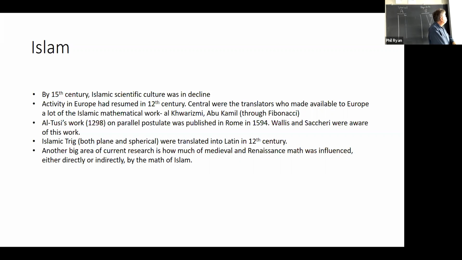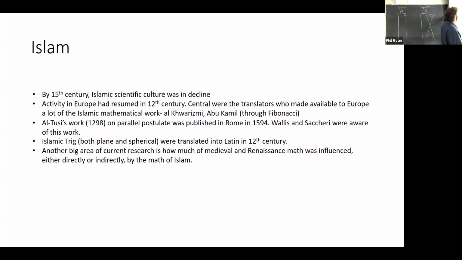And so we know that that kind of trig is important for things like astronomy, geography, navigation, for example, which were all things that Renaissance Europe really developed kind of well.